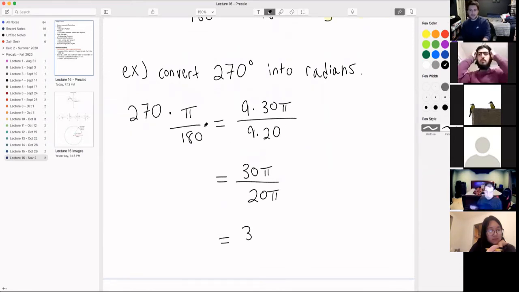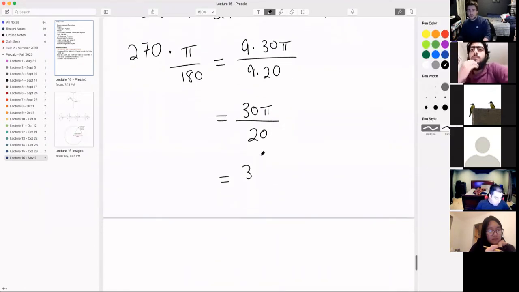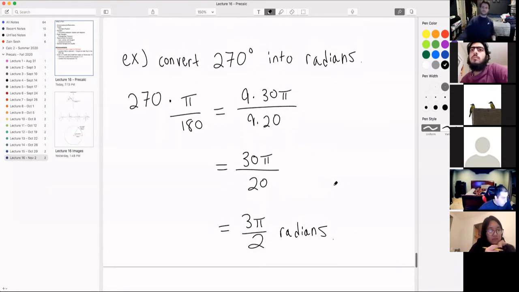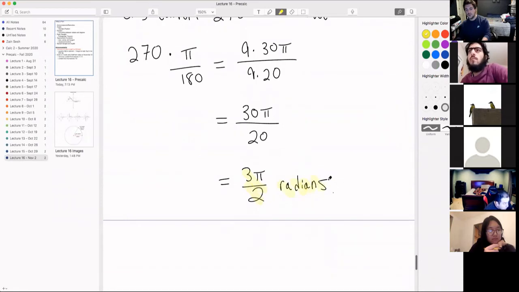Then the 9s will cancel. You get 30 pi over 20. You can now pull out a 10 from both 30 and 20. You just get 3 pi over 2. So that will be the answer. So 270 degrees is 3 pi over 2 radians.